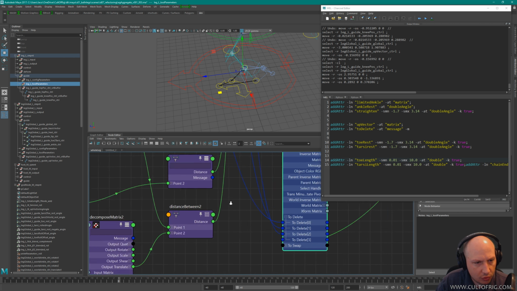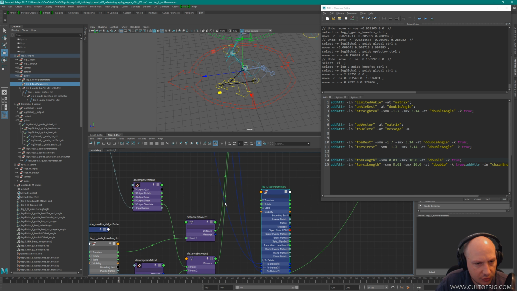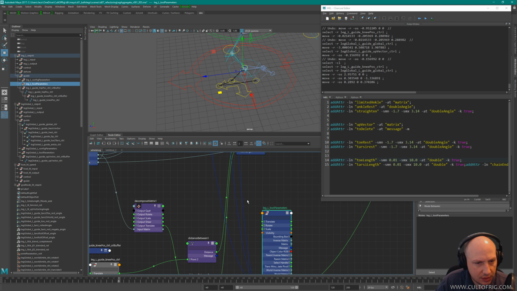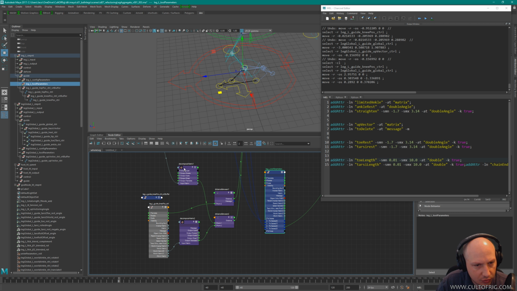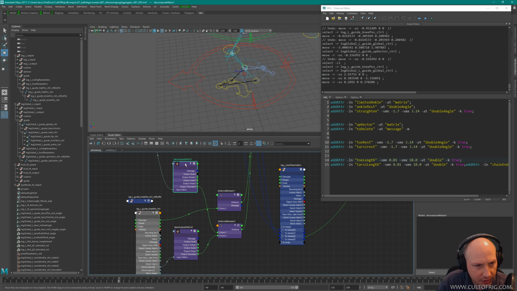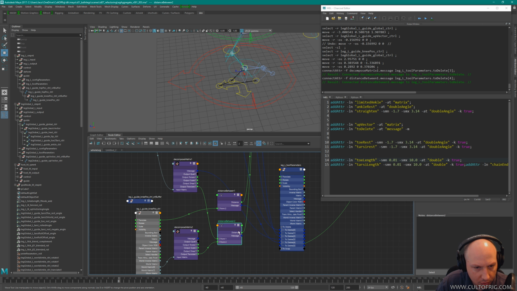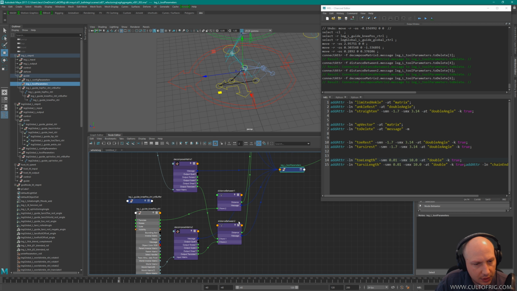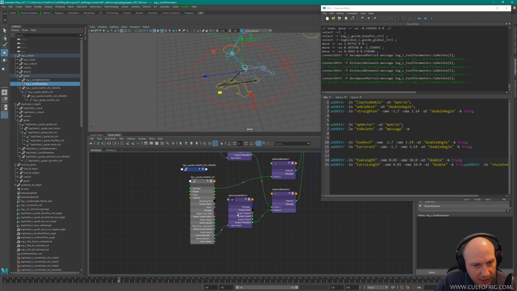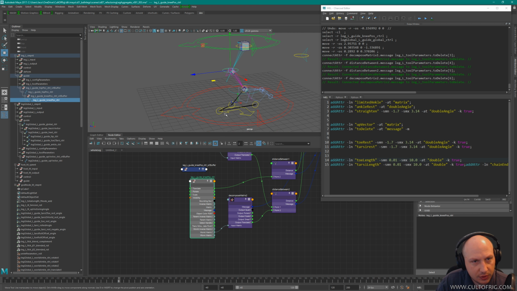Now, we do want to make sure that once we remove the guide, these distance between and compose matrix and all of that are gone. So in those regards, we might as well be tidy from the start so that I don't have to chase what is guide and what isn't. World matrix of leg guide knee position.